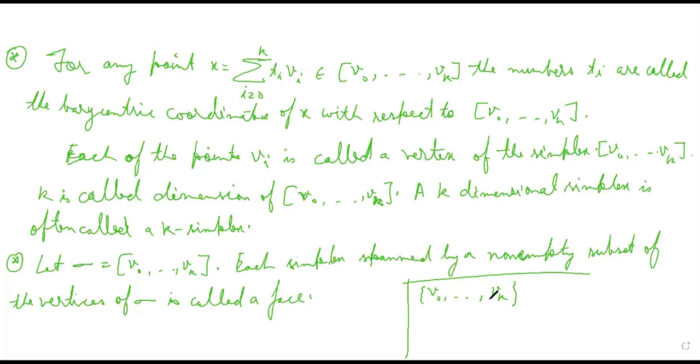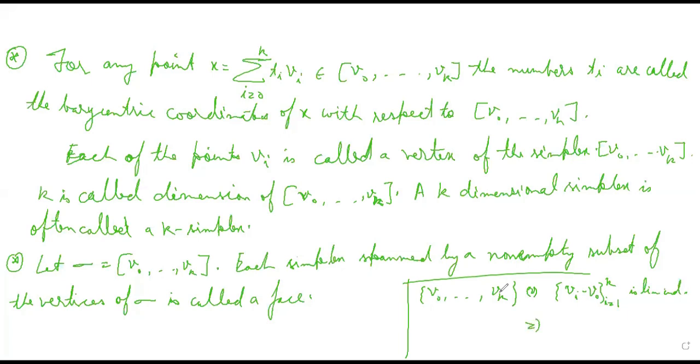You can verify this. Affinely independent means, if and only if, the set Vi minus V0, i equal to 1 to k, is linearly independent.